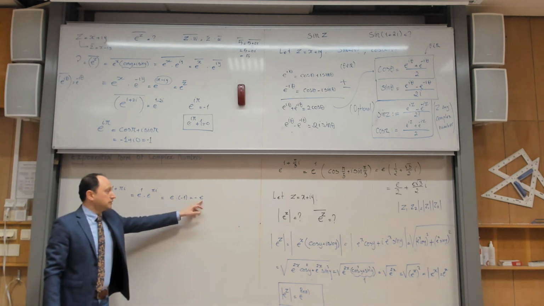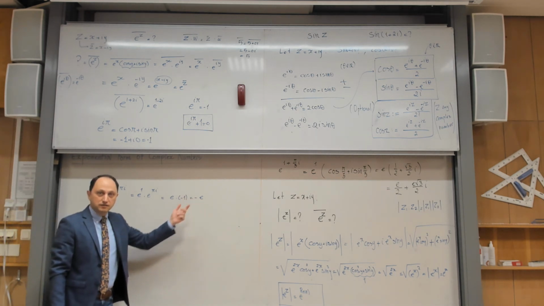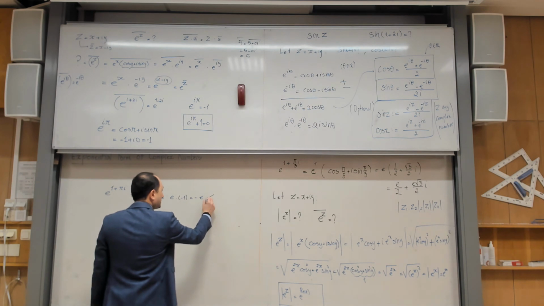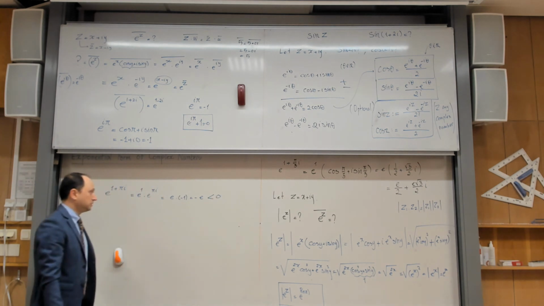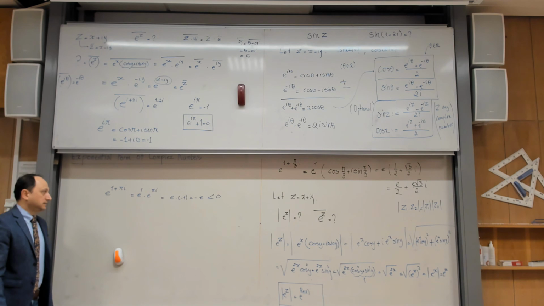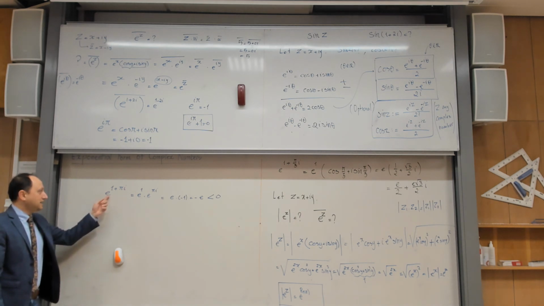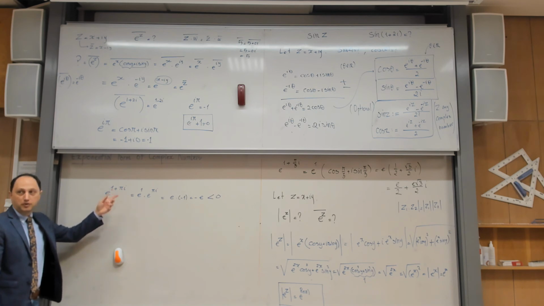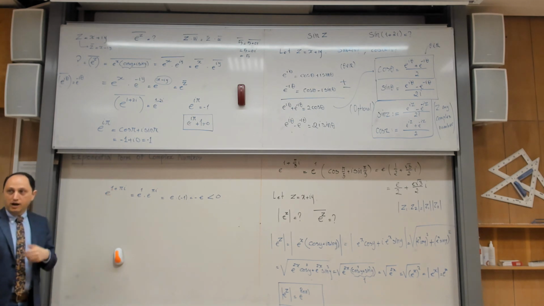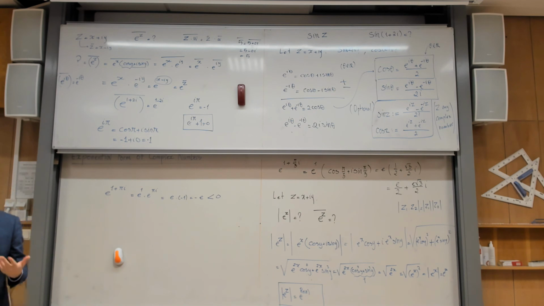Because e is a positive number, minus e is a negative number. So this number turns out to be negative. Don't think that this is wrong, because your intuition is that exponential functions are positive. The output of an exponential function cannot be negative when you are working with real numbers. e to any power, even if the power is negative, is a positive number at the end. Okay, so this is possible.